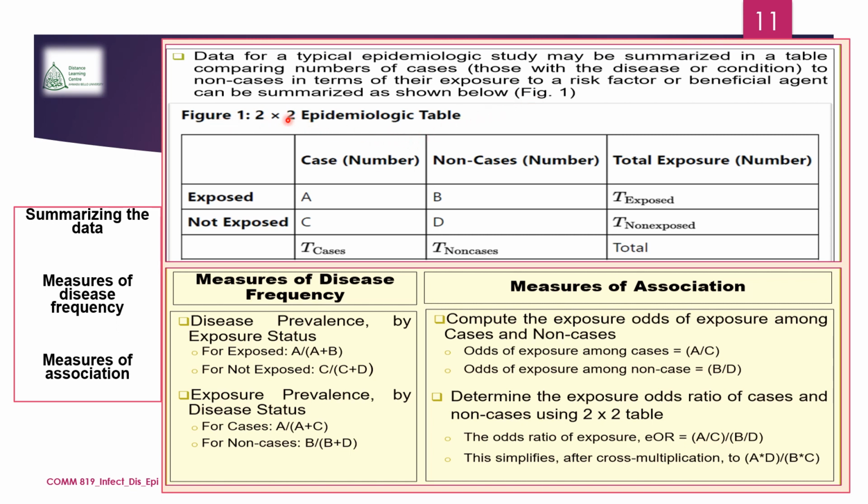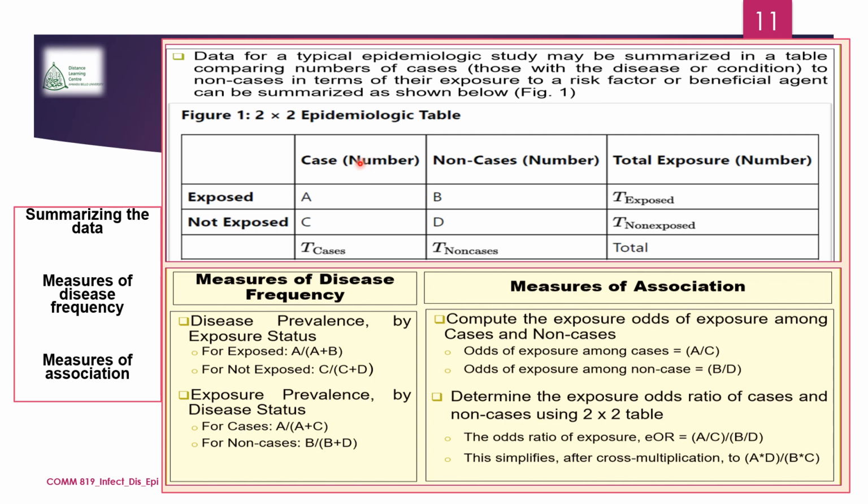Okay, so this is a 2 by 2 epidemiologic table. We have cases in one column, then we have non-cases in another column. Then we have the exposure in the rows, exposed and not exposed. So this is 2 by 2. Okay, so a typical 2 by 2 epidemiologic table is usually presented like this.